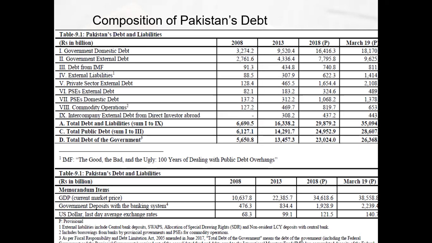You can see that government domestic debt is now 18,170 billion. And the IMF debt in 2019 was 811 something.